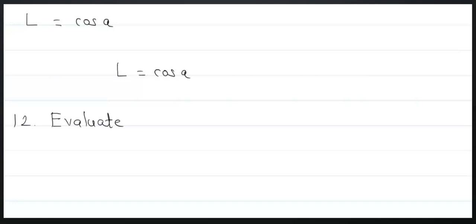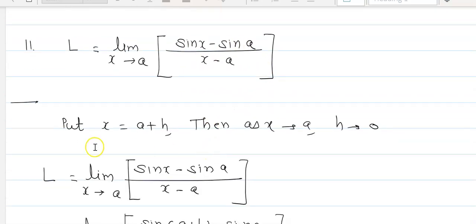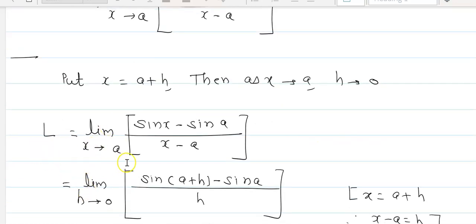Now see this again. Limit x tends to a, (sin x − sin a) upon x minus a. Put x equals a plus h. Then as x tends to a, h tends to 0. L is equal to limit x tends to a, (sin x − sin a) upon x minus a, which is limit h tends to 0, sin of (a plus h) minus sin a upon h.